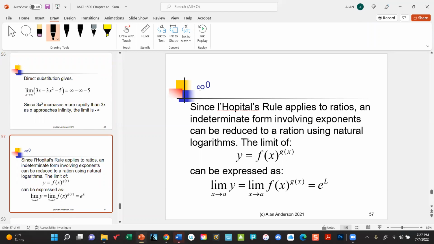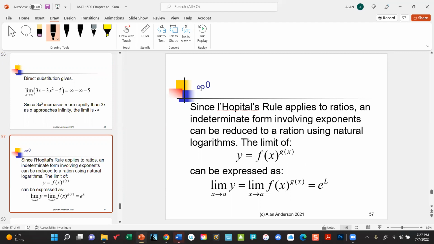Now, here's an interesting one. Infinity raised to the 0 power. Whenever there's an exponent and you need to clean it up, your first thing should be to think about logarithms. This is where logarithms are so helpful, because they basically eliminate the exponent.